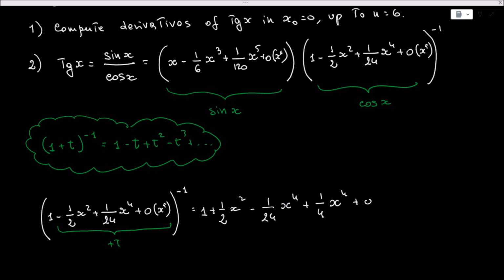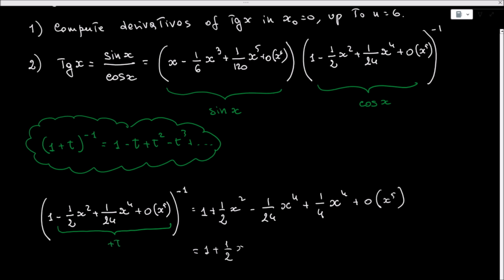So as you see, this was the reason why we stopped the expansion of cosine of x up to 1/24 x to the 4th. Now let's simplify this expression that becomes 1 plus 1/2 x to the square plus 5/24 x to the 4th plus little o of x to the 5th.